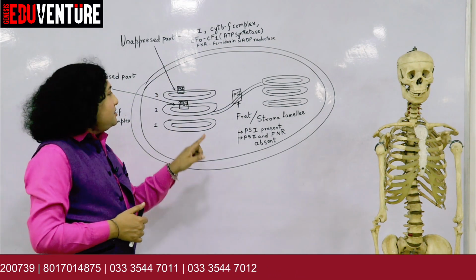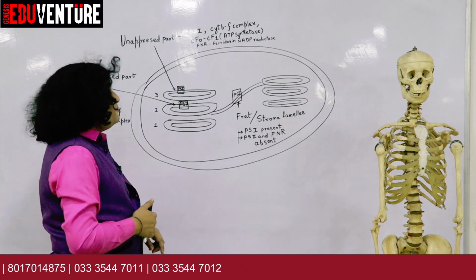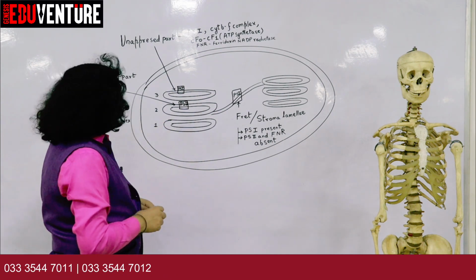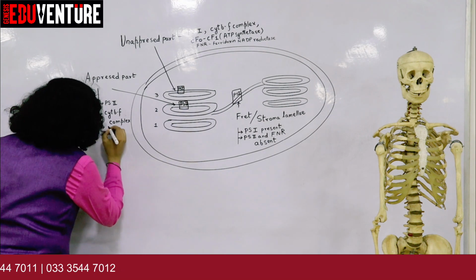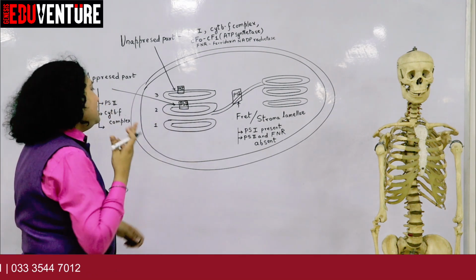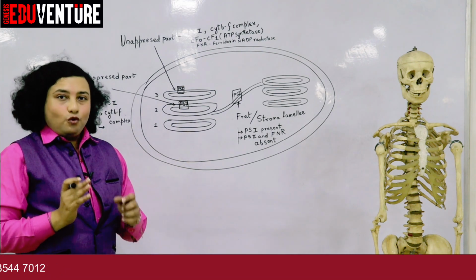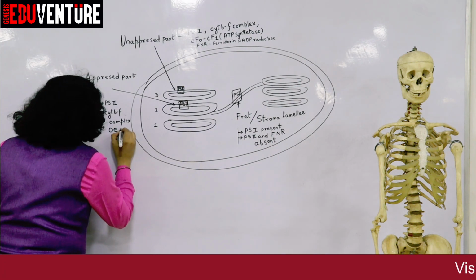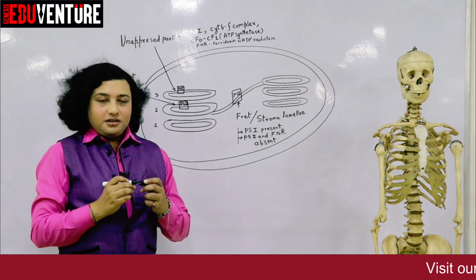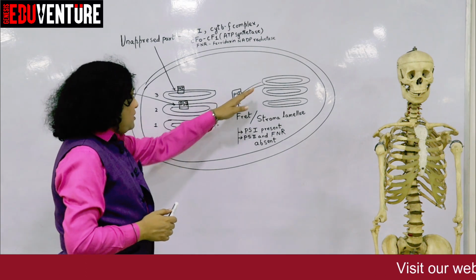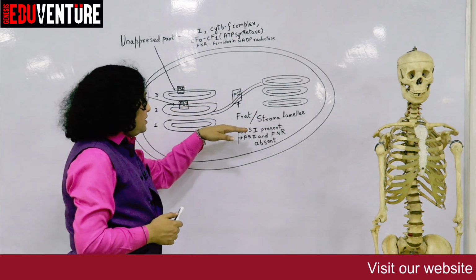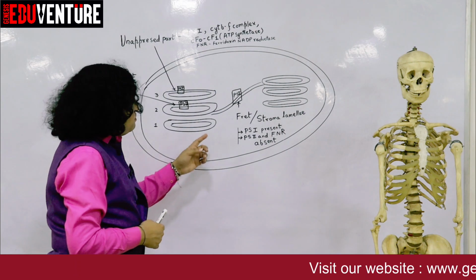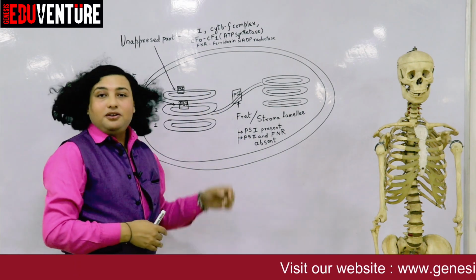In the appressed part, photosystem 2 and cytochrome BF complex are present, and along with that there is also the OEC, associated with photosystem 2 on the inner side of the thylakoid, which is also known as the oxygen evolution complex. In the membrane of the stroma lamellae, or fret, only PS1 is present. PS2 and FNR, that is NADP reductase, are absent.